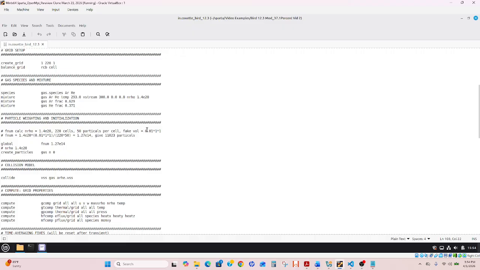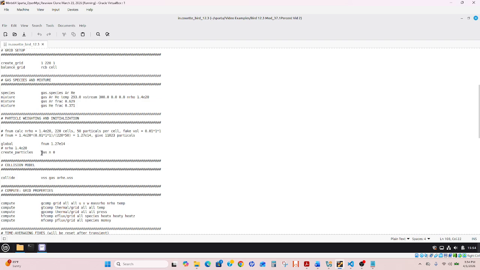So it's calculated as a volume, even though it's really not a volume because we're in a quasi 1D state. So if you do all these calculations, and it's laid out right here, you'll get fnum equals 1.27e14.